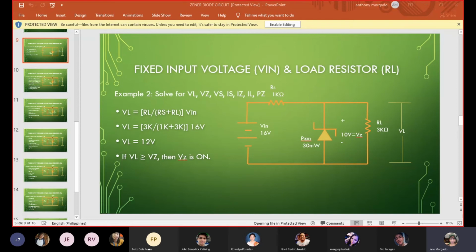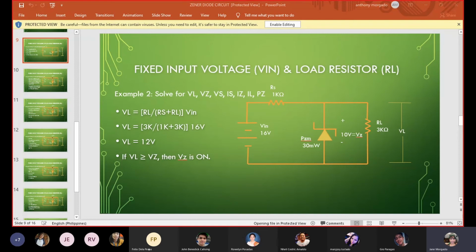Take note that this time, alam na natin na on si Zener, with a Zener voltage of 10 volts. Itong voltage divider na to, pang-test lang natin siya kung on or off si Zener diode. Since initially VL is 12 volts, we can be sure that Zener diode is on.